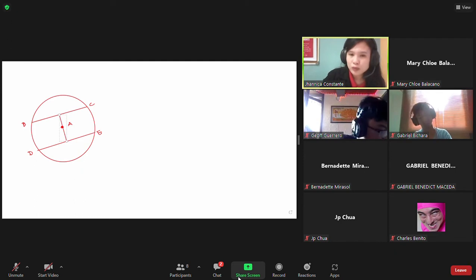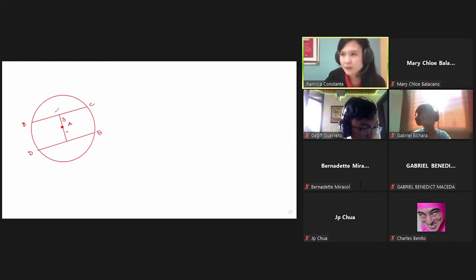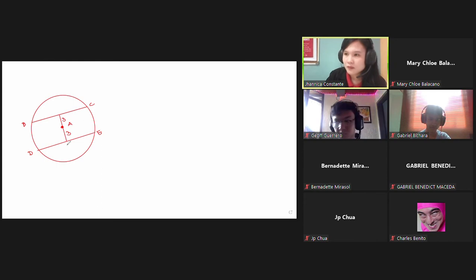If our two chords are equidistant from the center of the circle, with a distance equal to 3, we need to find the measurement of our two chords.